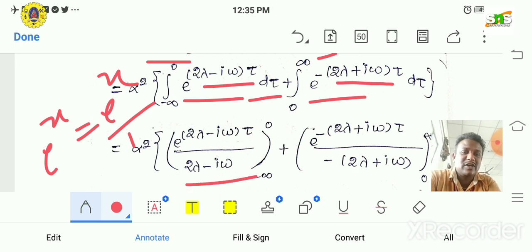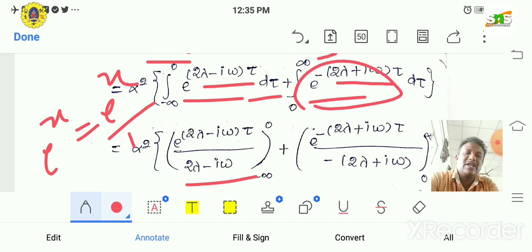The coefficient of tau is 2 lambda minus i omega. Let us come to the second part. It is also in the same e power x form. Integrating this part, we get e power minus x divided by the coefficient of tau, so it is minus of 2 lambda plus i omega.